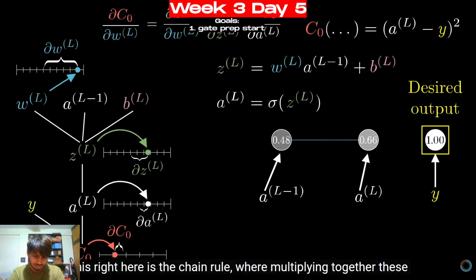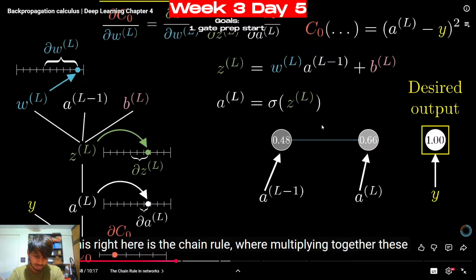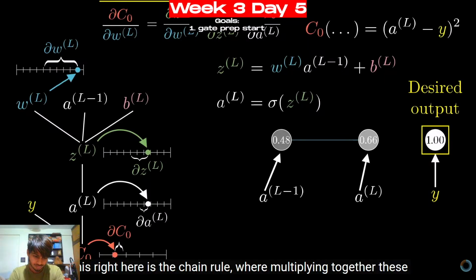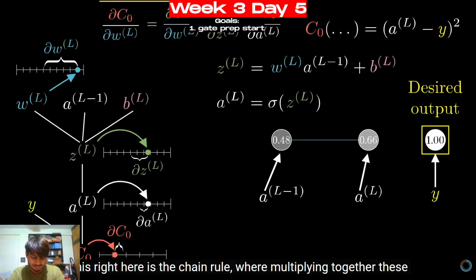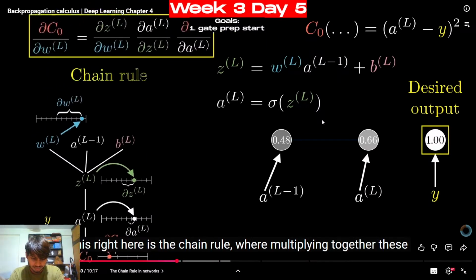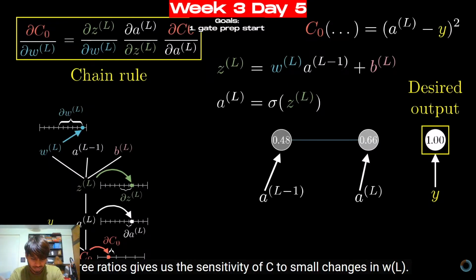This right here is the chain rule, where multiplying together these three ratios gives us the sensitivity of C to small changes in WL.